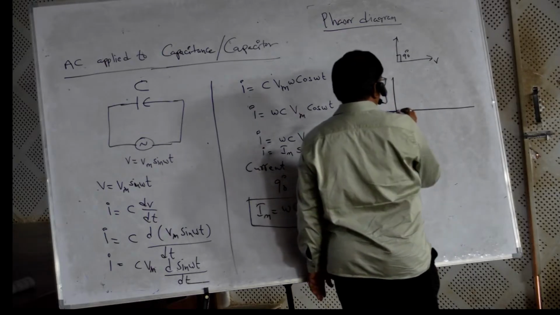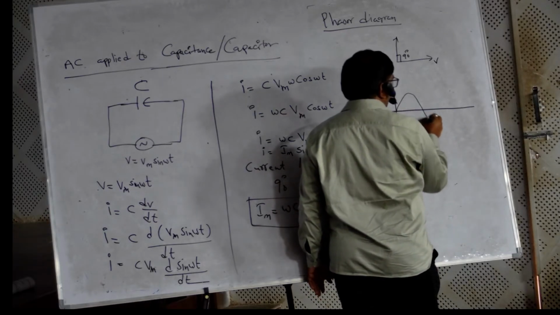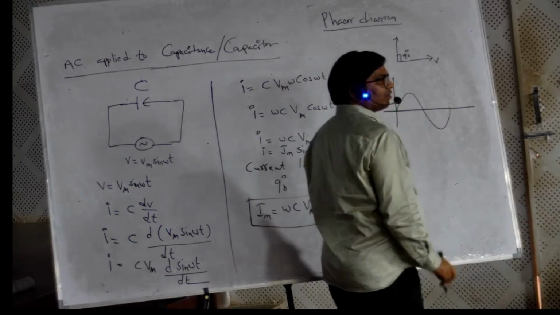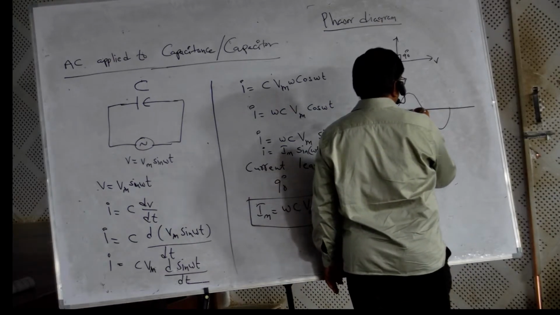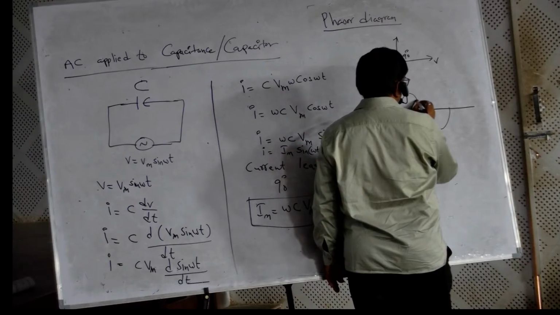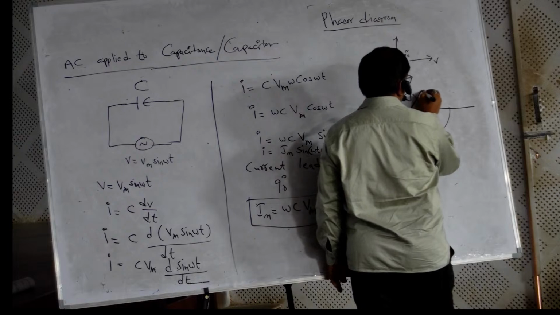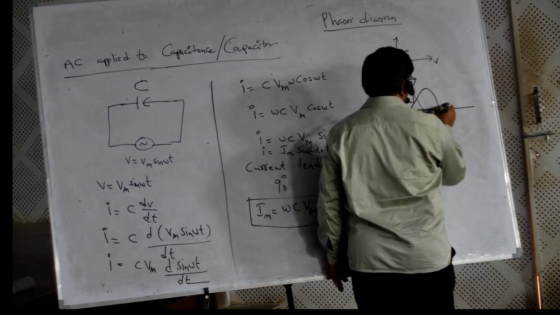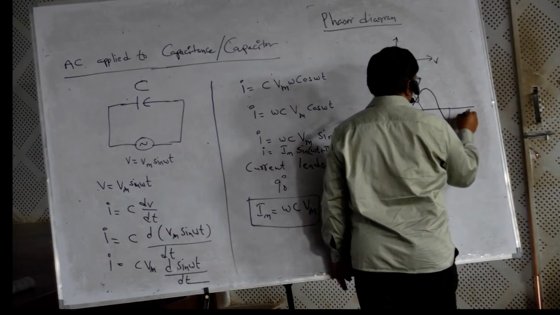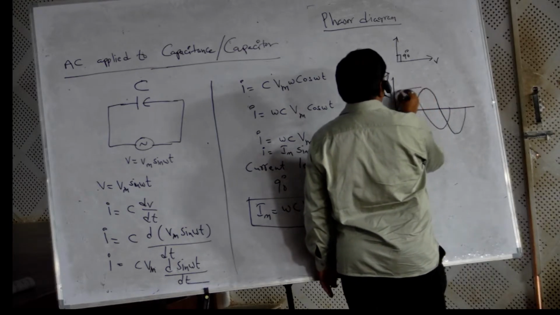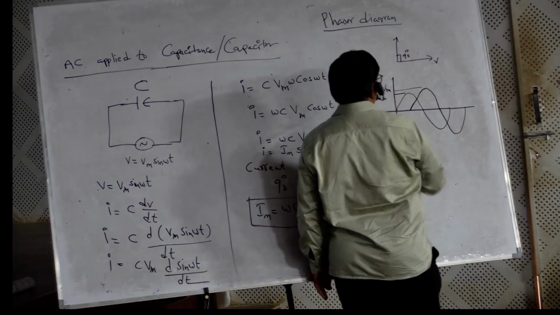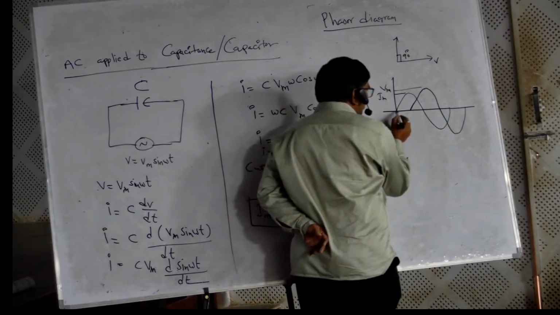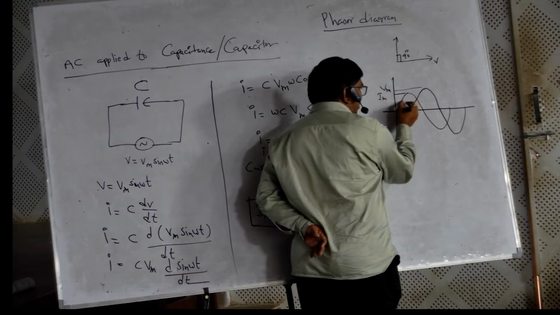First we had taken this one as voltage. Now you take this one as current. This is the voltage, so the voltage magnitude is more. This is Vm, this is Im. Which one is first now? The current waveform is first.